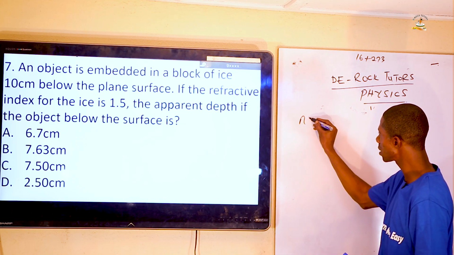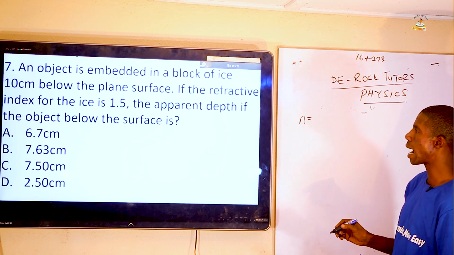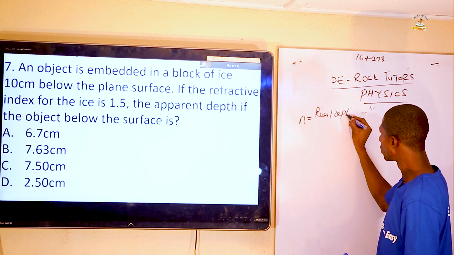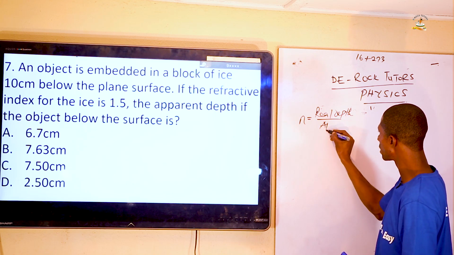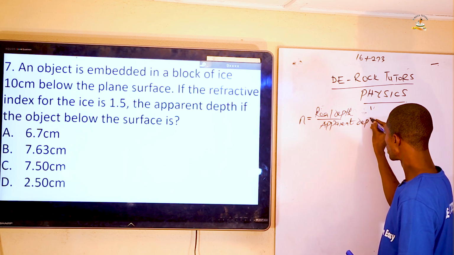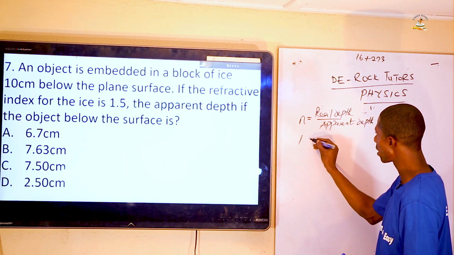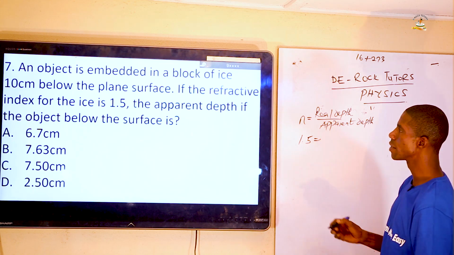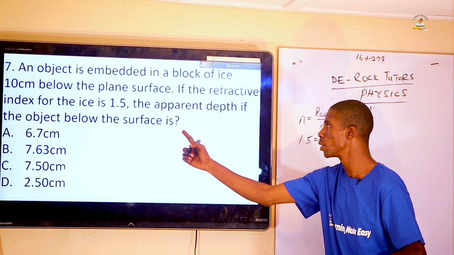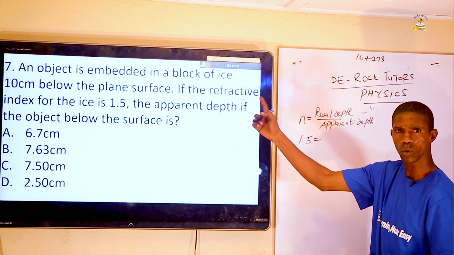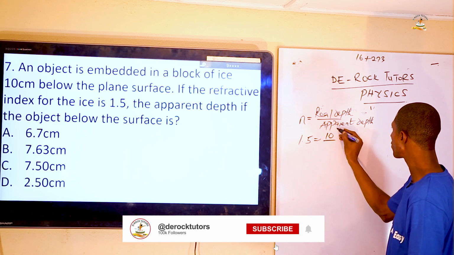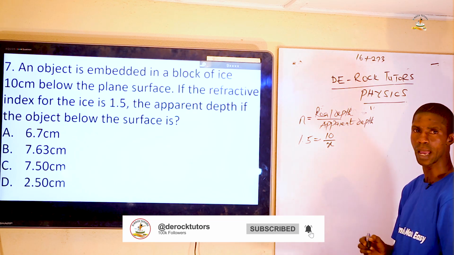We have the refractive index for the ice equals real depth over apparent depth. The refractive index in the question is given as 1.5, and we're being asked the apparent depth. The real depth in the question already is given as 10. So let us have the apparent depth as the unknown, x.